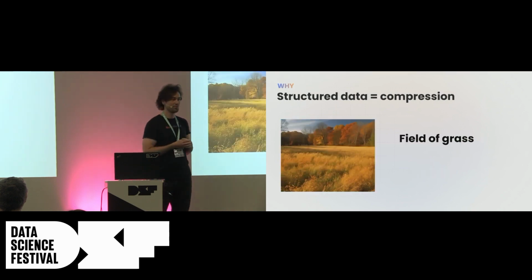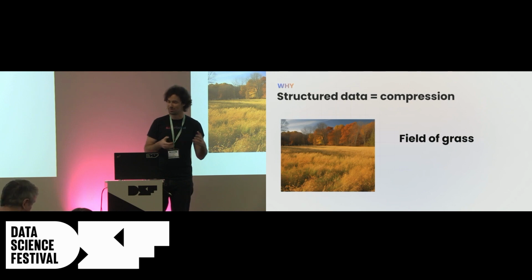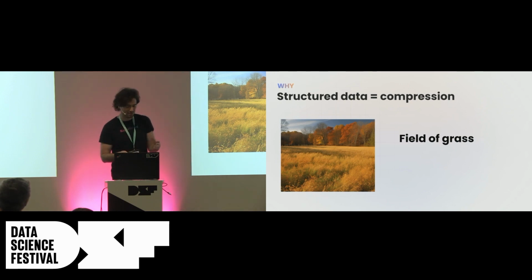But then, when you have structured data, you are compressing the information, right? And so field of grass can also mean this. I actually used Midjourney to generate an image from the same text, right? And it's sort of a field of grass, but it's a very different picture, right? And so the language here, the structured representation of this data, is ambiguous and imperfect.